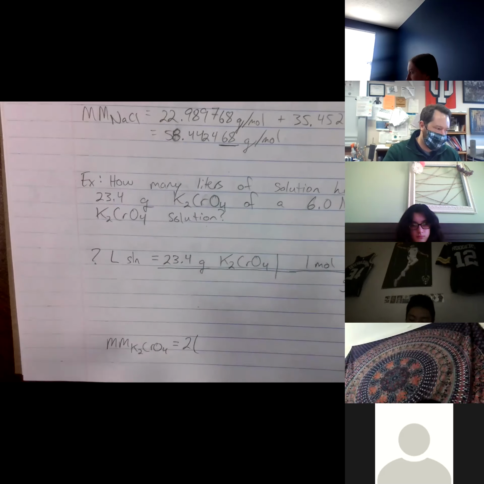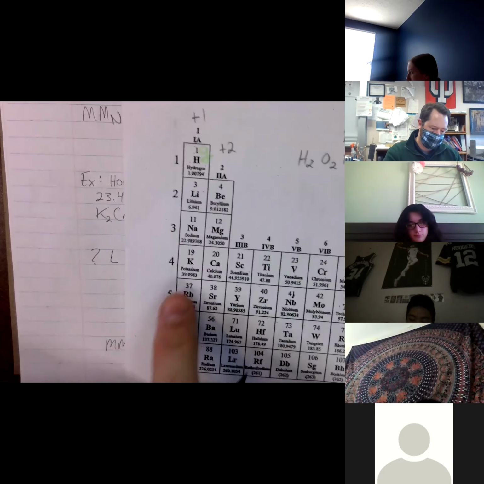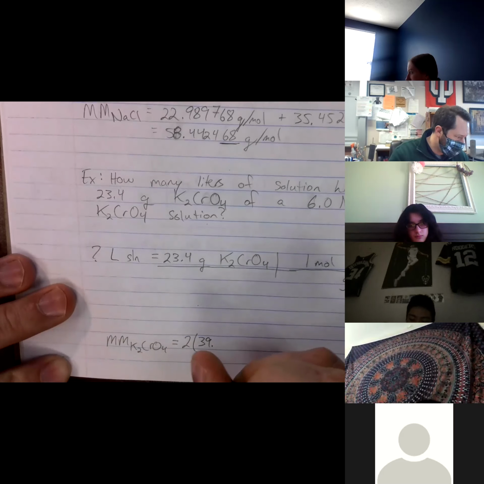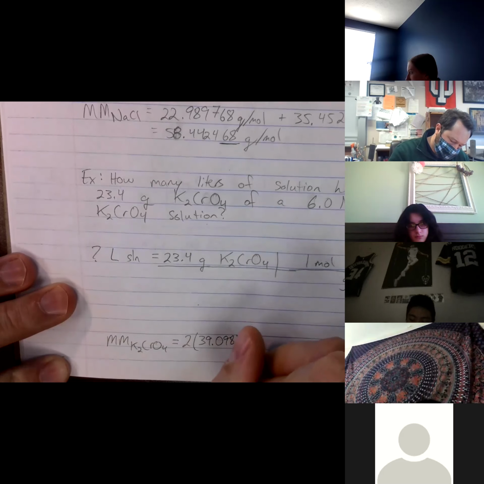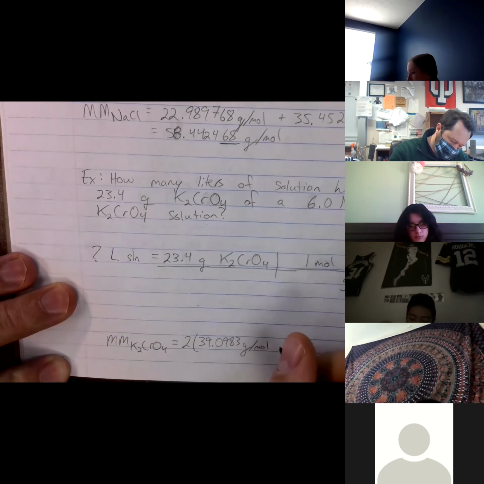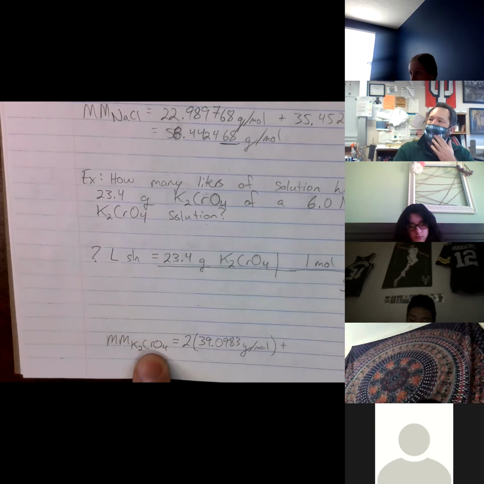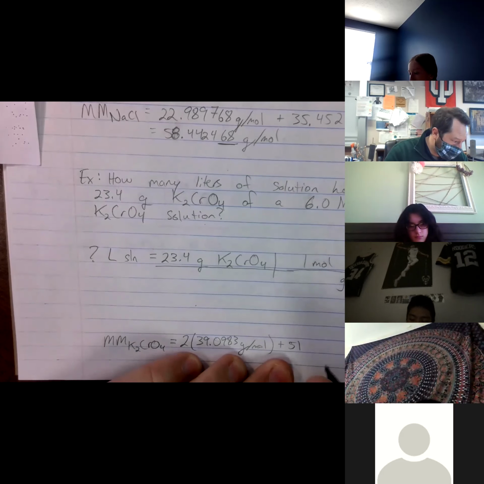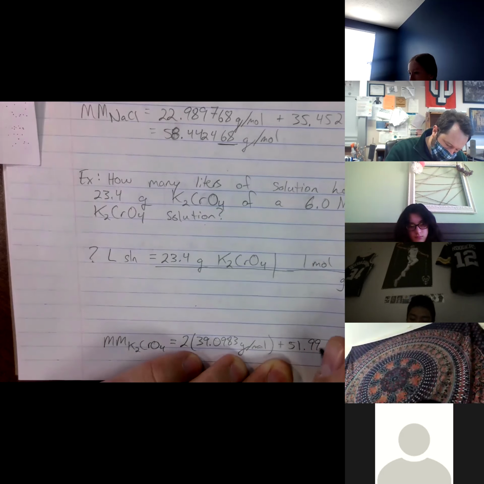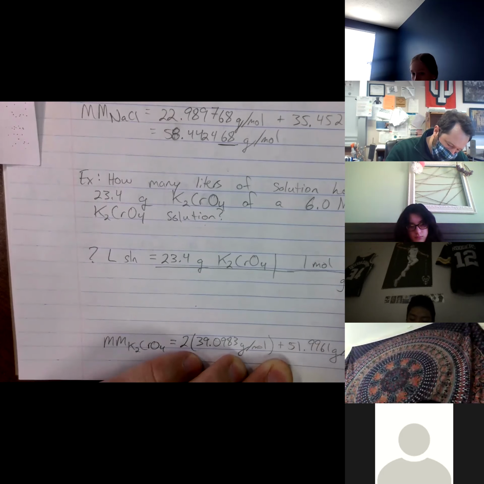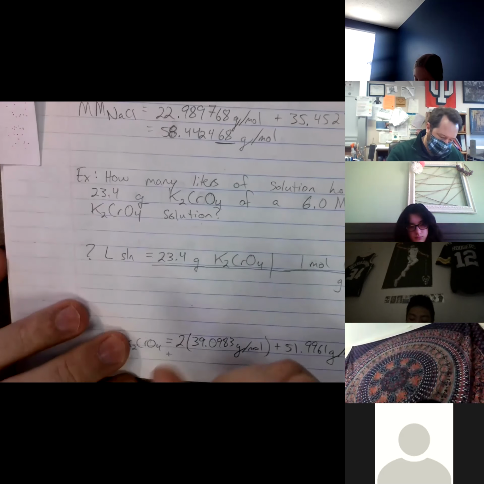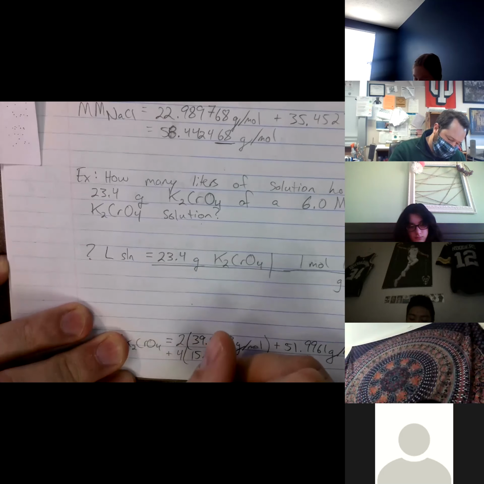We need 2 potassium. One chromium, Cr. I won't be able to squeeze the rest in up here, so I'll come down here. And 4 oxygens.